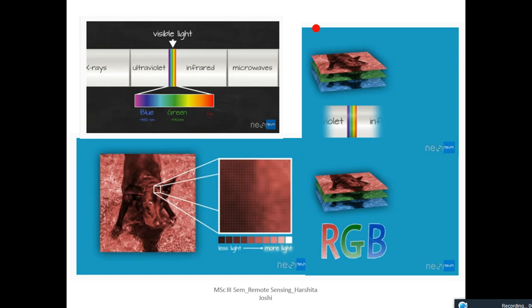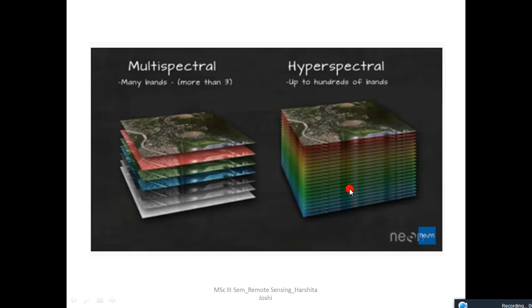Then we understood the concept of monoband, that in a single band, if we take an image, then how it will be. If we combine more than 3 bands or 3 bands, then how the image will be, right? So we understood what a monoband is, what multiband is, and then we also understood what hyperbands are.